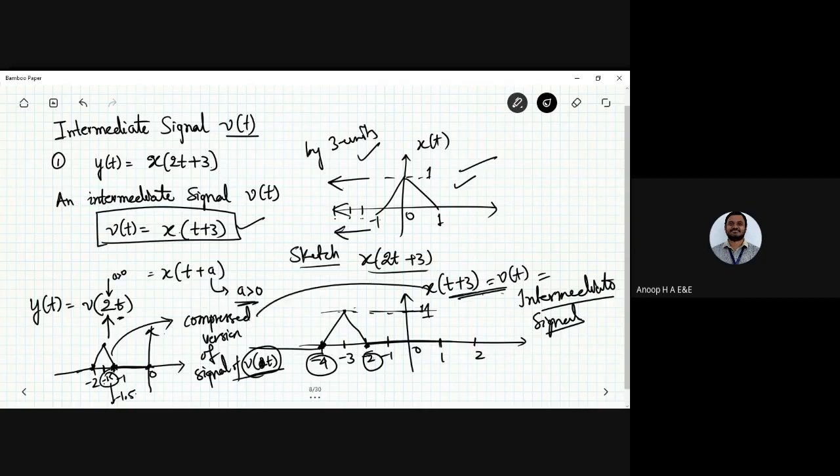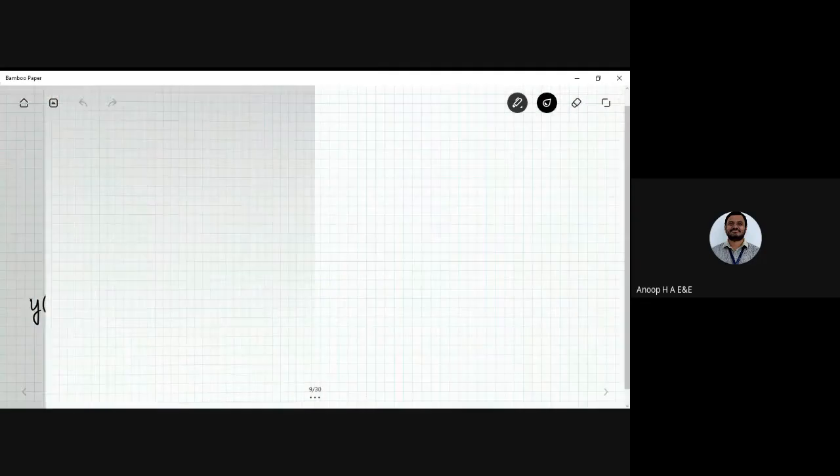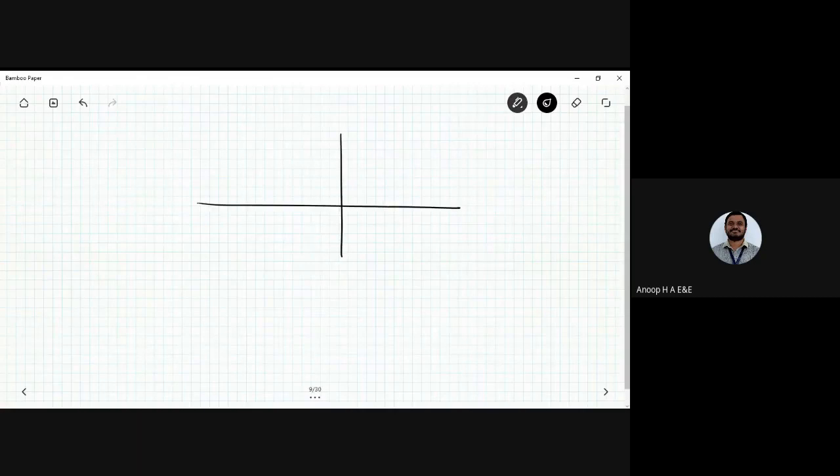I have written the compressed version of the signal here, which gives a magnitude of 1 at minus 1.5. So let me write it properly here. So this is how the signal looks like. So 0, this is minus 1, this is minus 2, and this is somewhere here, it is minus 1.5. So at 1.5 with a negative sign, you will be having the peak value like this.